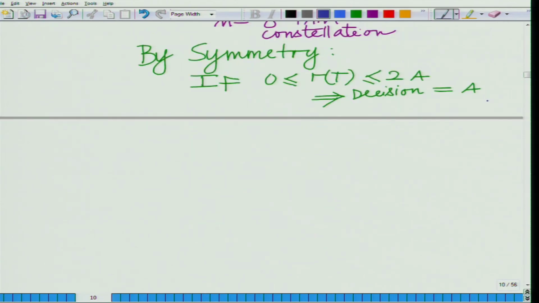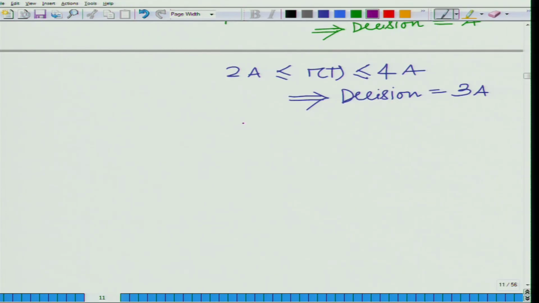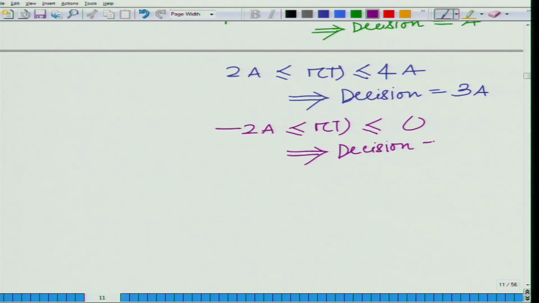So, if 2A less than or equal to RT less than or equal to 4A implies decision equals 3A. Similarly, for the negative side, it is symmetric. So, minus 2A less than or equal to RT less than or equal to 0 implies decision equals minus A, and so on and so forth. So, one can proceed by symmetry.